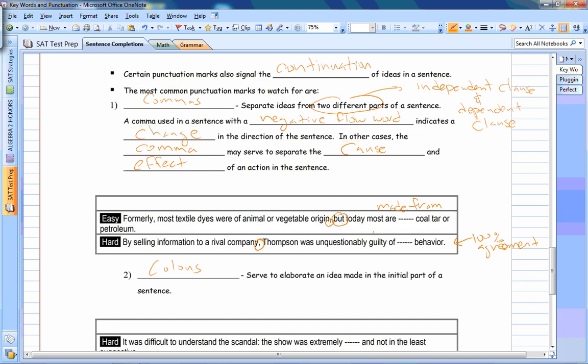So you can probably see he's guilty of malicious behavior, which actually means evil or bad. Or you could say illegal behavior. But obviously you want something that would be indicative of what behavior you would have if you did something for your rival, or you were disloyal to who you're working for.